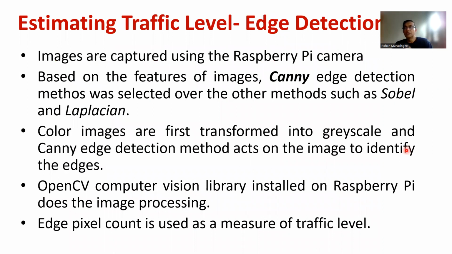The second thing is you need to estimate the traffic level from the images. There are multiple ways to do that, so I want to start with the least costly process, edge detection. This is one of the techniques in image processing to figure out the shapes of objects.